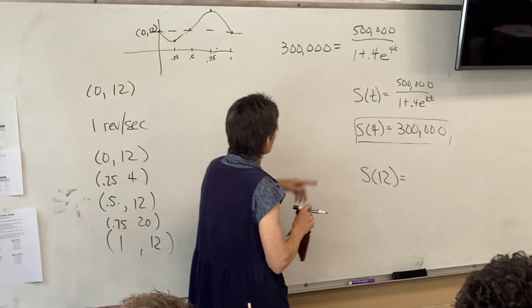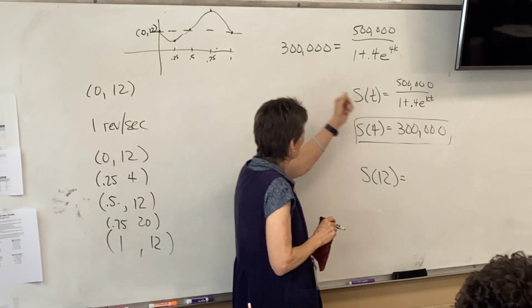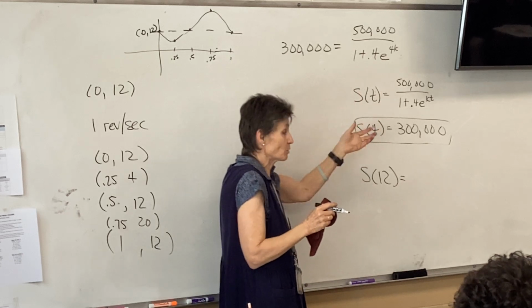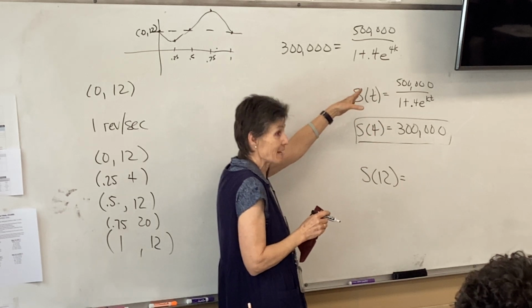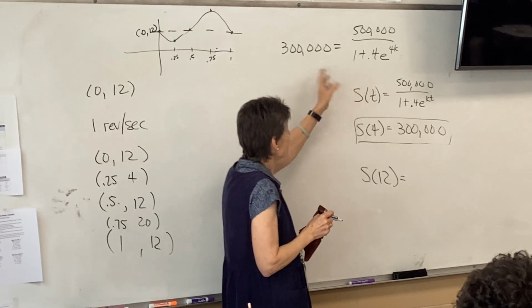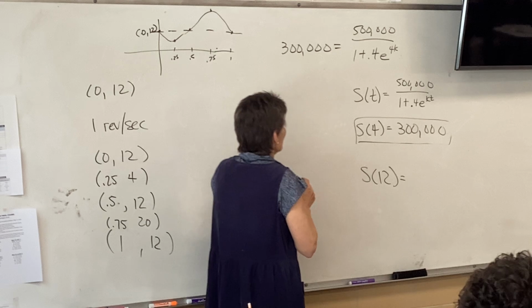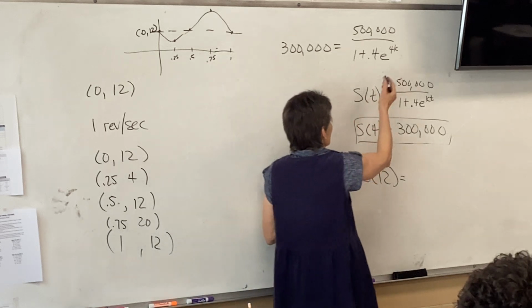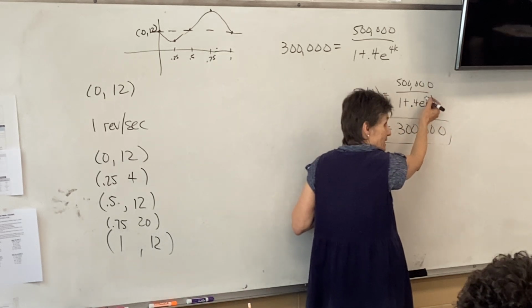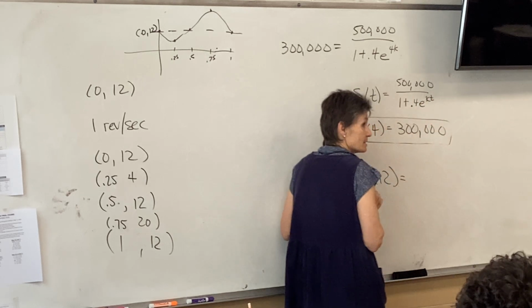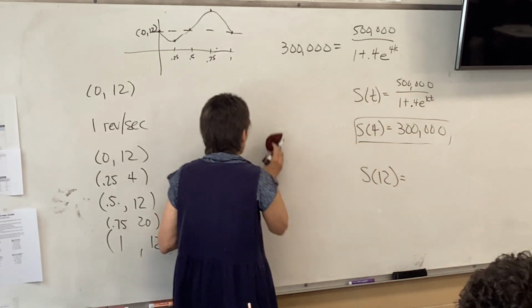Could we type that in as one equation, this in as another equation, and find where they intersect? Absolutely could. You could also do this one by hand if you wanted to, but since we have a calculator, we could do that to find K. Once you find K, then you're going to plug that number in right here, and then plug in 12 to that.